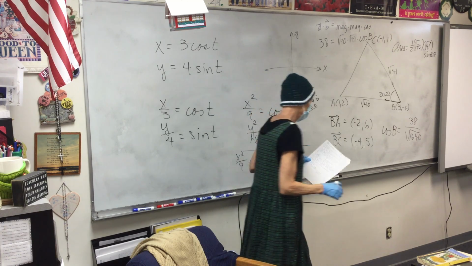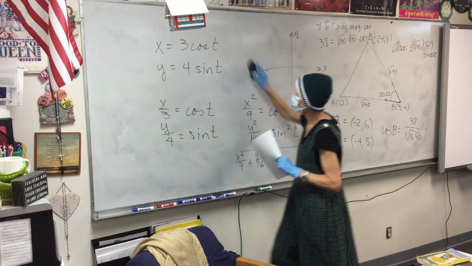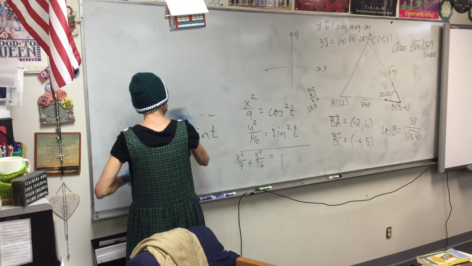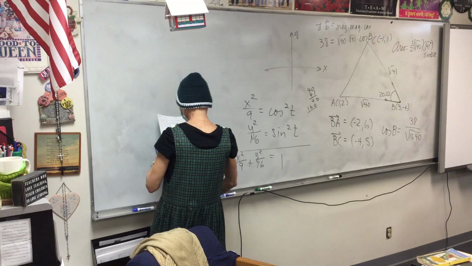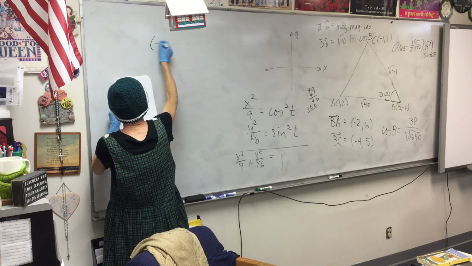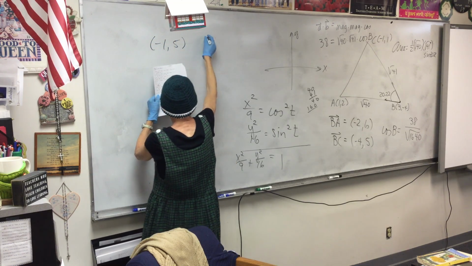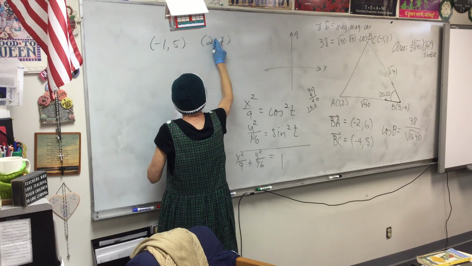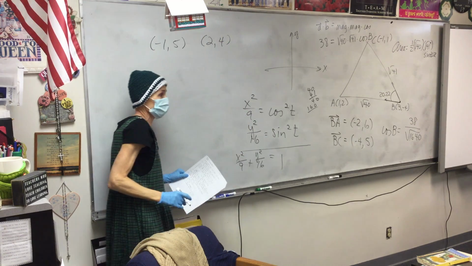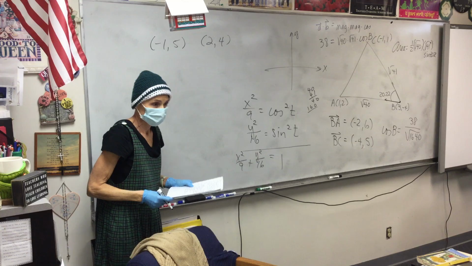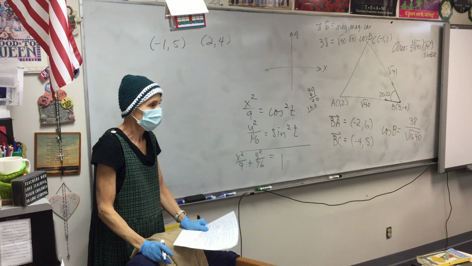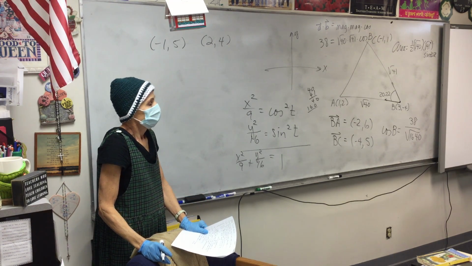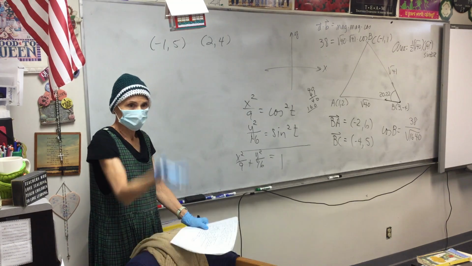All right, number 10. Tell me how you would do this. We have a line through -1, 5, and 2, 4. And you're going to write the parametric equations of it. This is number 10 we're working up.